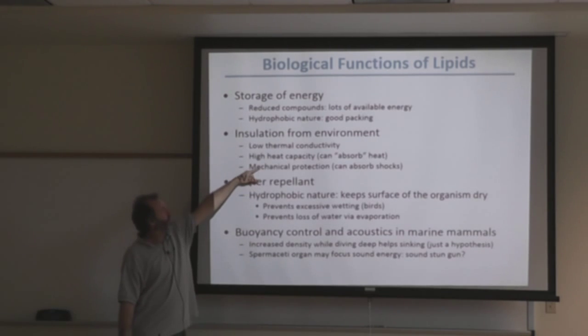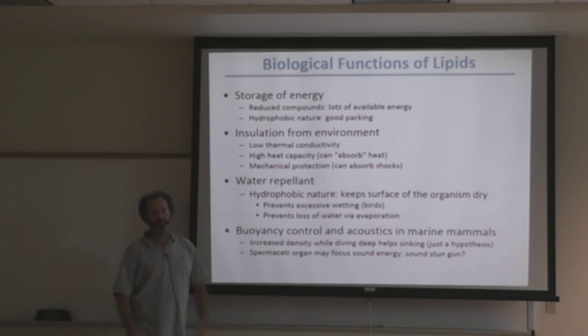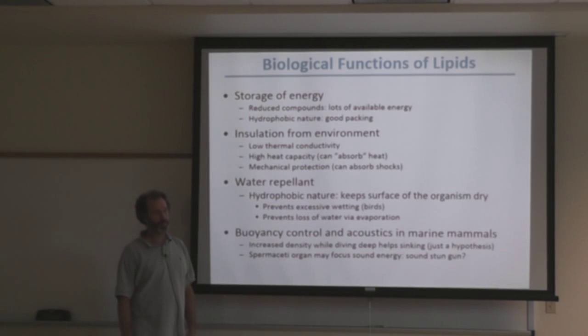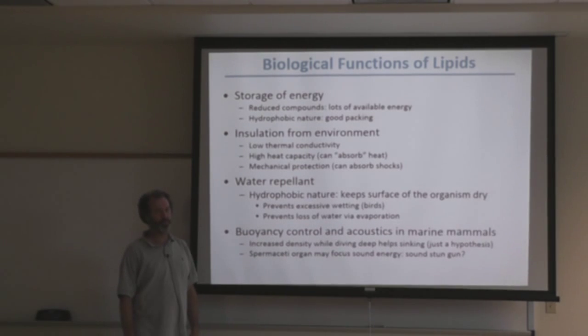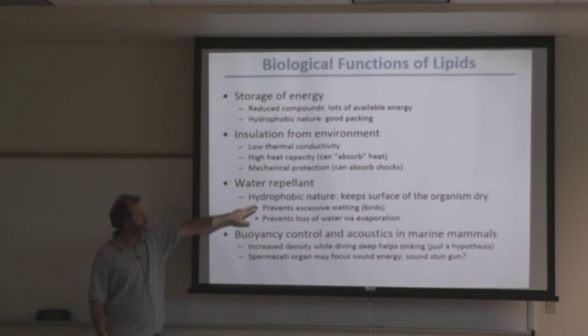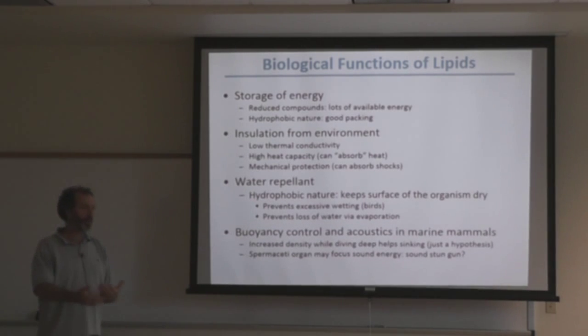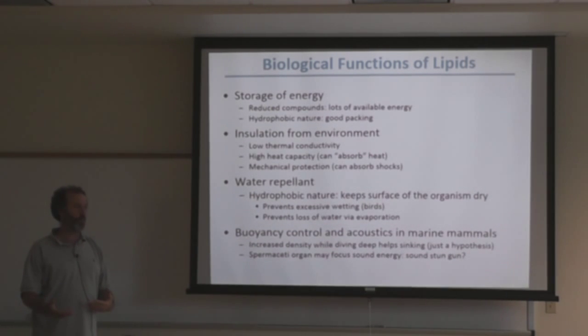Insulation from the environment: it has low thermal conductivity, high heat capacity, meaning it'll absorb a lot of heat, and mechanical protection, so it can protect you from shock. That's why those football players are always kind of chubby, right? Water repellent, it's hydrophobic, so there's certain lipids that keep water out of things, like waxes, right?